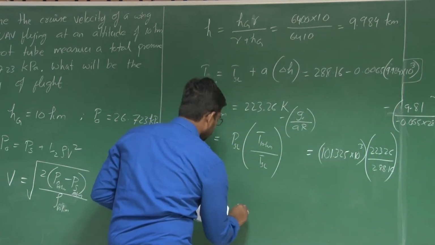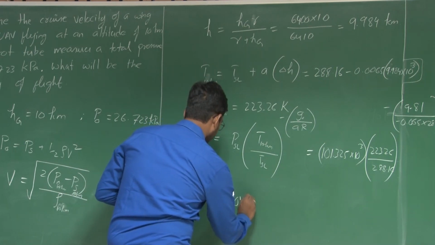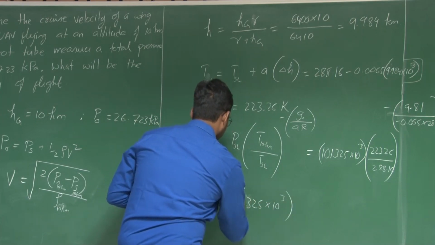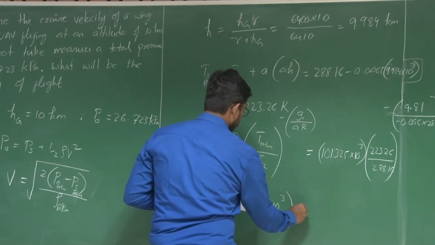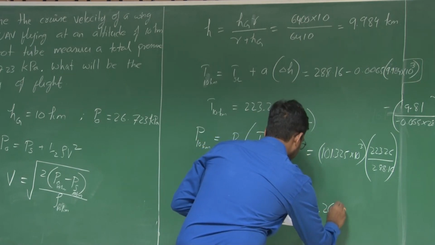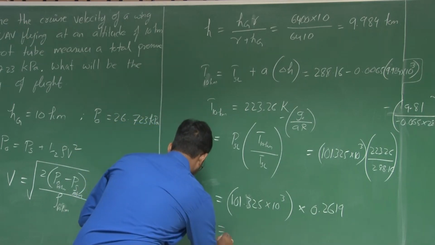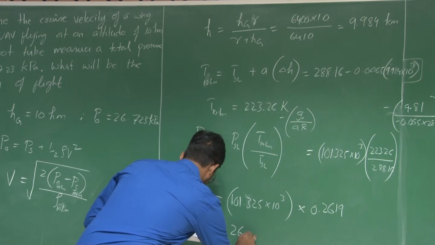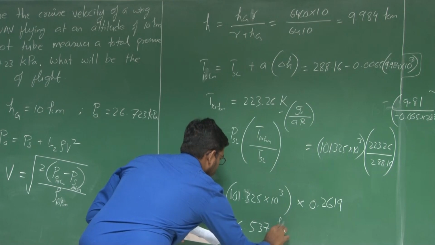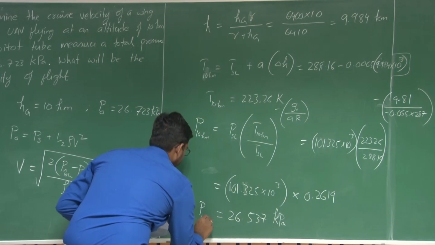What I have from here is 101.325 into 10 power 3, this is the atmospheric pressure at sea level, times 0.2619. So this equals 26.537 kilopascal.